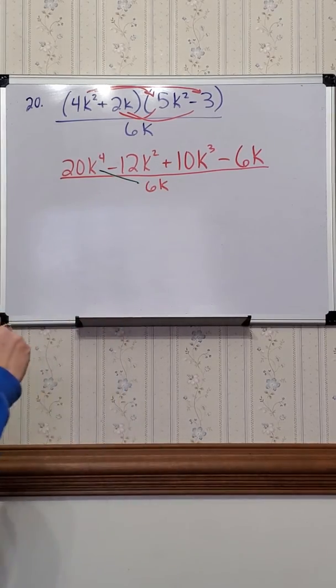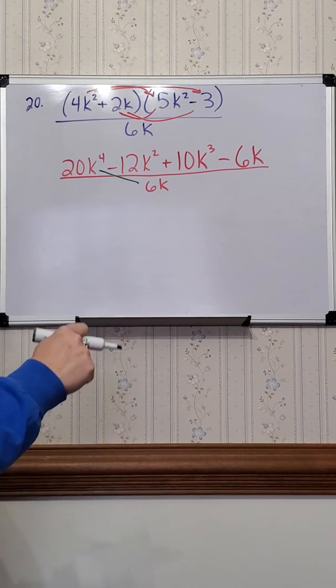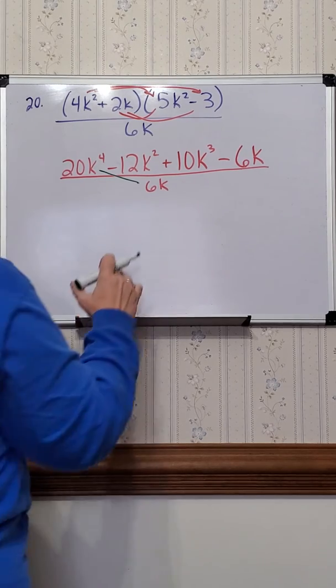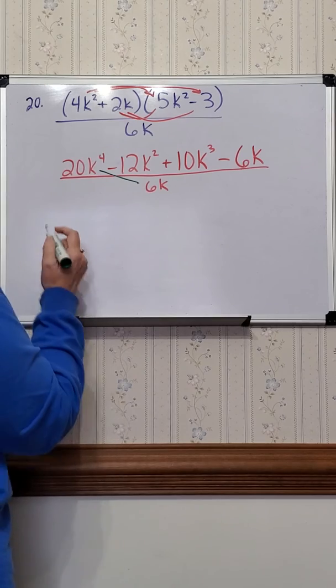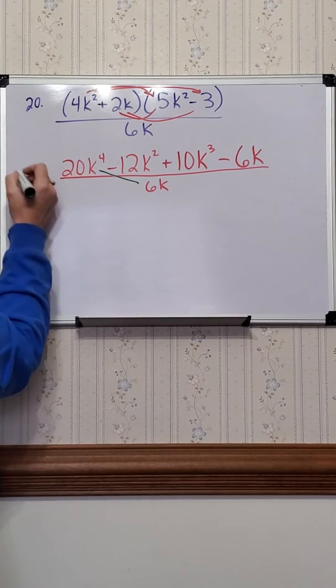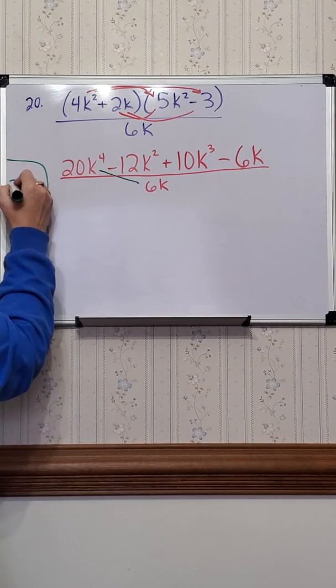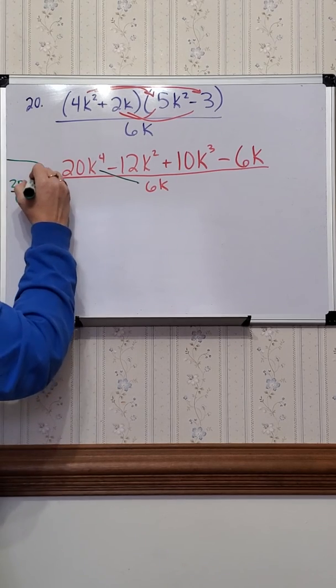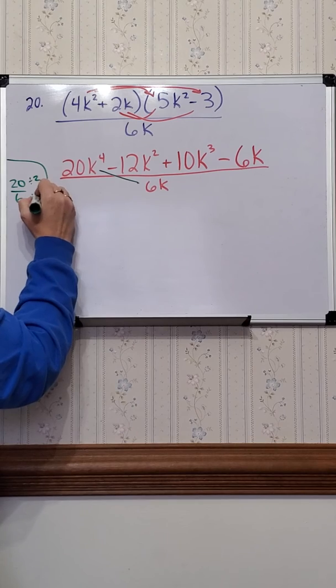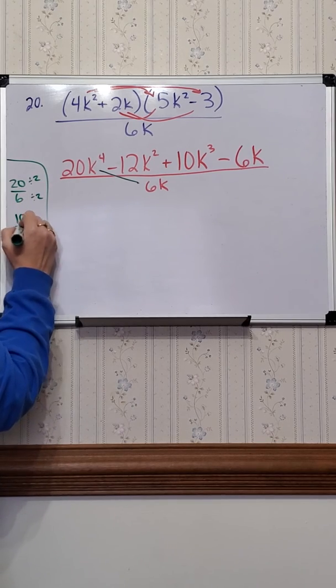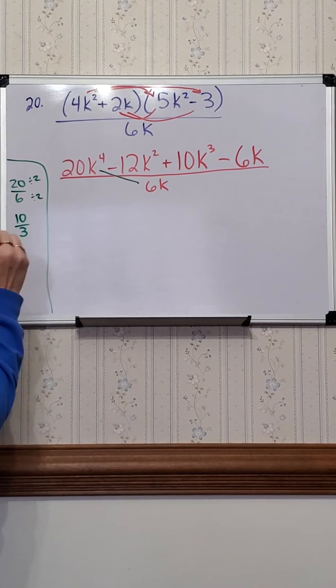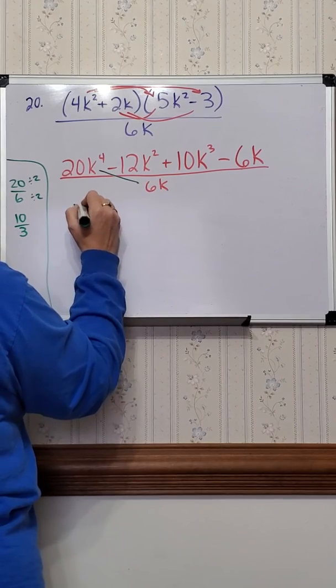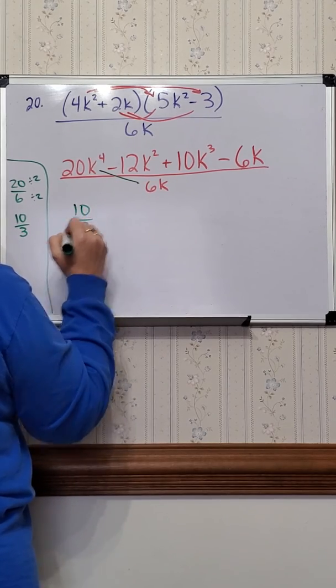Does 20 divide by 6 evenly? No, it doesn't. So all we can do is simplify this. If I had 20 over 6, I could simplify this down by dividing both of these by 2, and that would give me 10 over 3. So all I'm going to do here is simplify this fraction. So I've got 10 over 3.